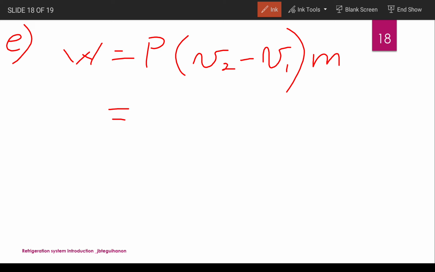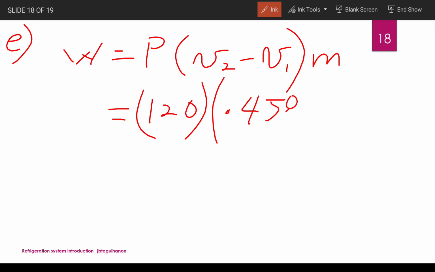So what we have is 120, that is the pressure, and then the specific volume 0.458 minus 0.286, times the mass, which is 0.001373.